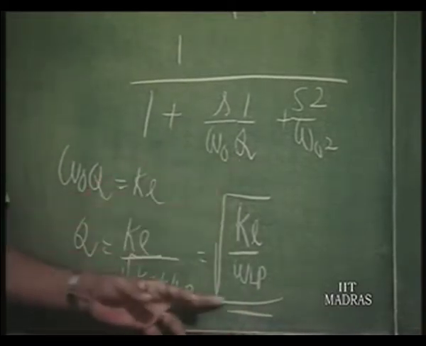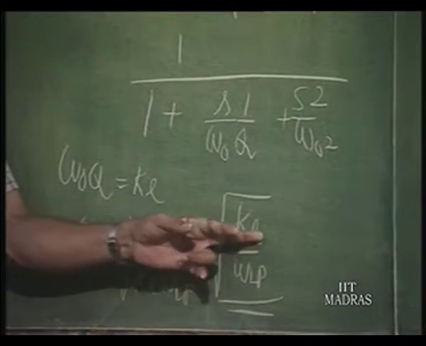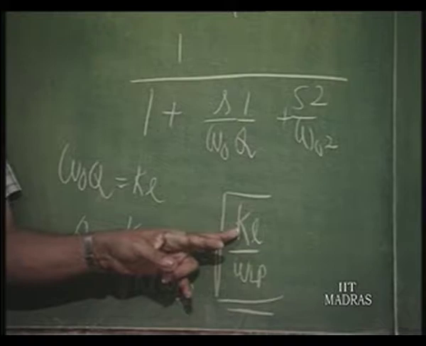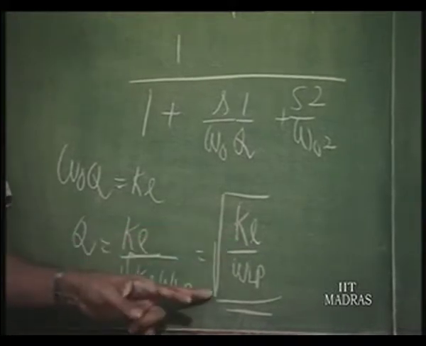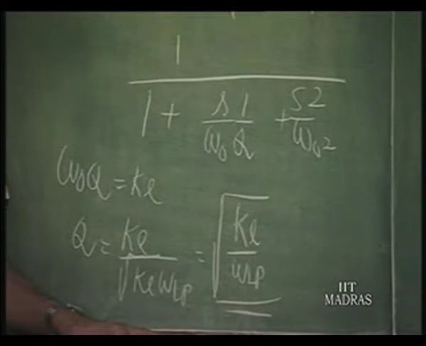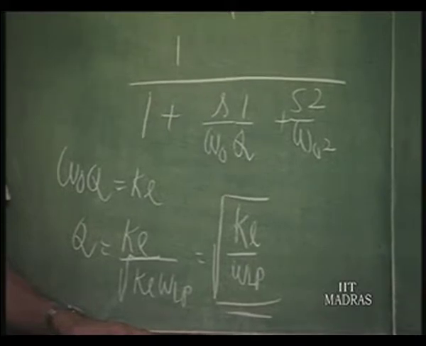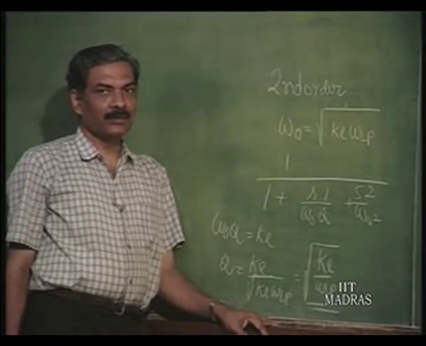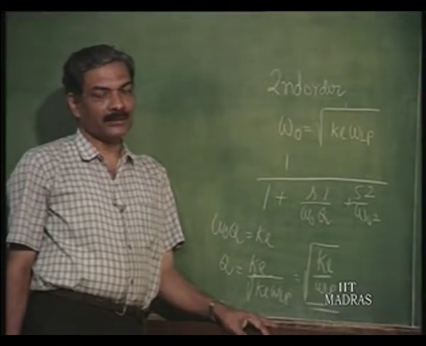So, a good phase lock loop will invariably be a high Q circuit, because KL is the loop gain and that has to be made large in all these control systems. Root of KL by omega LP is normally going to be very high, and therefore a good phase lock loop is a natural second order system whose poles are already very near the imaginary axis.